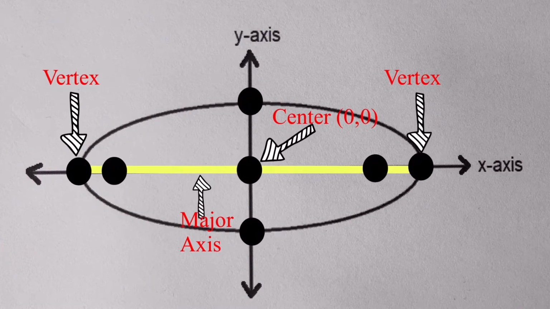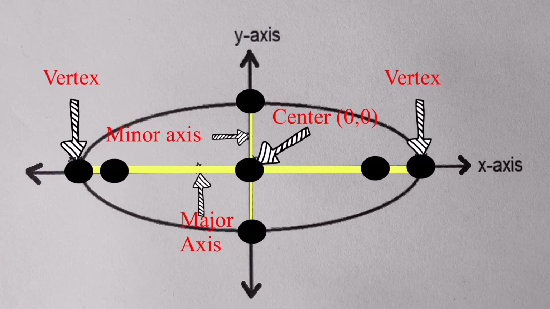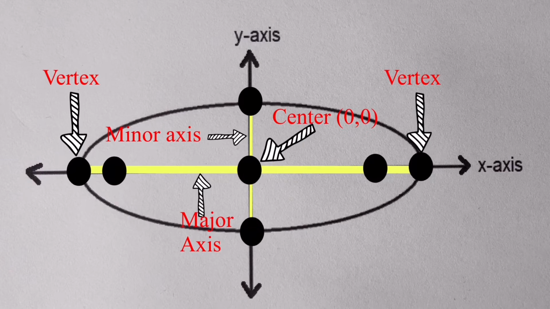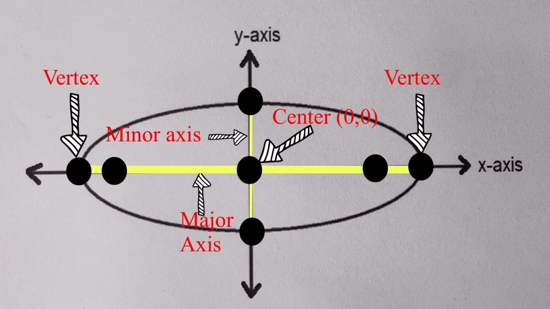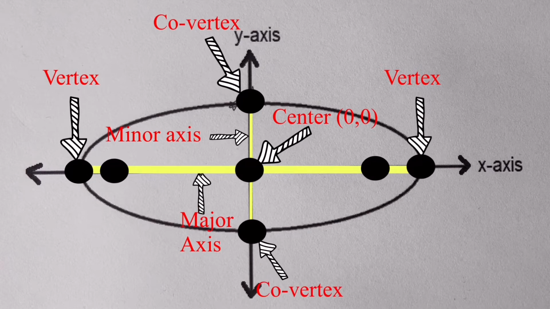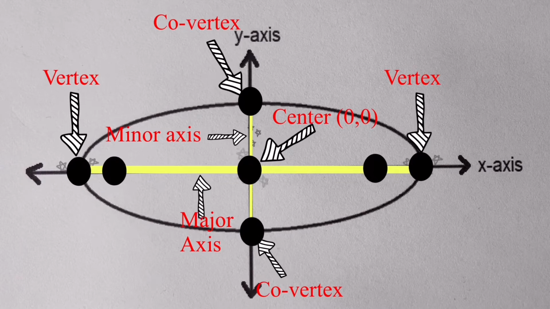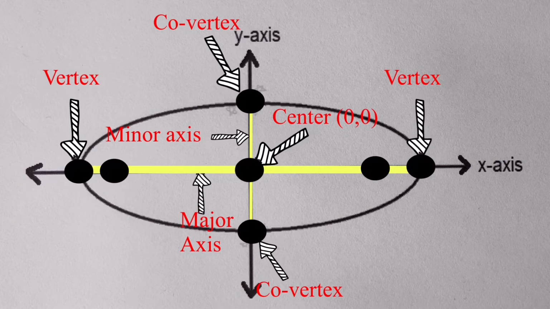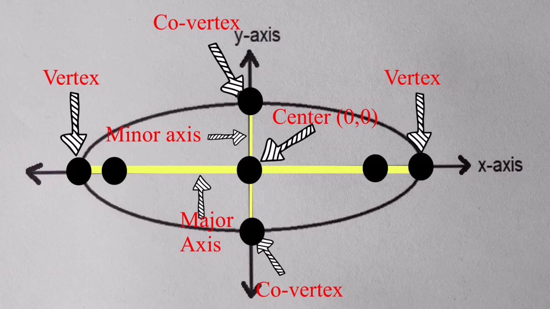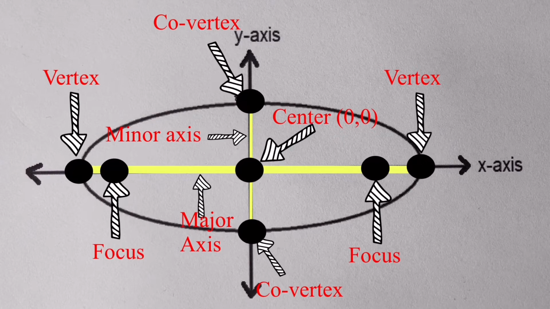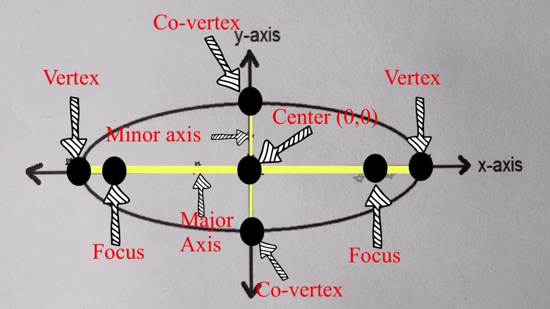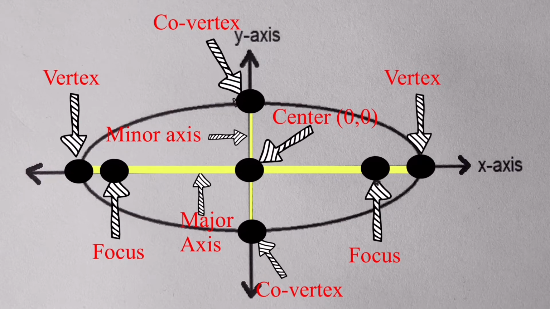Now we also have another diameter which we call the minor axis. This is the shorter diameter of an ellipse that connects the two co-vertices, passing through the center. So this point is a co-vertex of the ellipse, and this point down here is also a co-vertex. The next part of an ellipse is the focus. These two points are the foci of the ellipse.